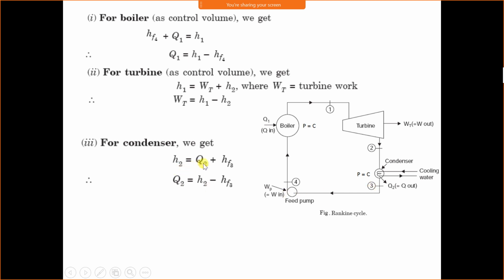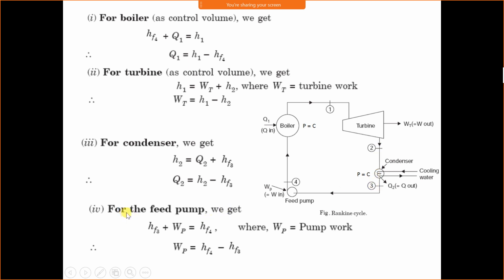Therefore, H2 is equal to Q2 plus HF3. Q2 is the heat removed in the condenser. Therefore, Q2 is equal to H2 minus HF3. Now, Q2, heat rejected in the condenser, is equal to enthalpy difference across condenser, that is H2 minus H3.